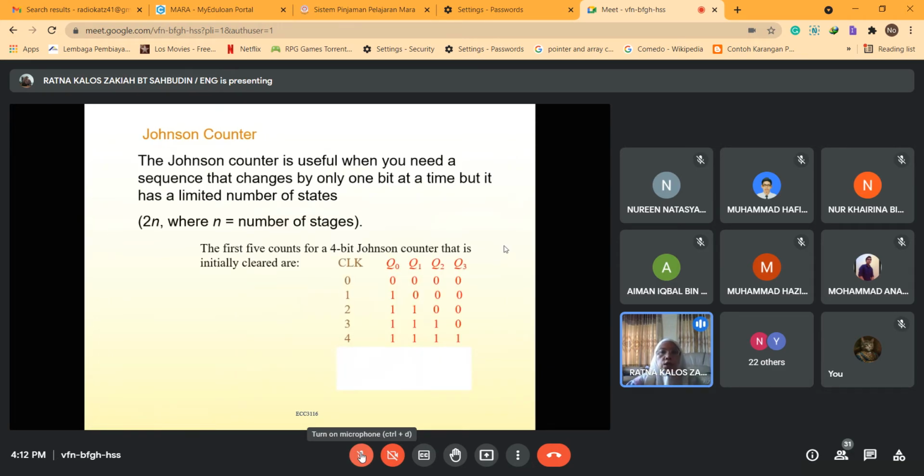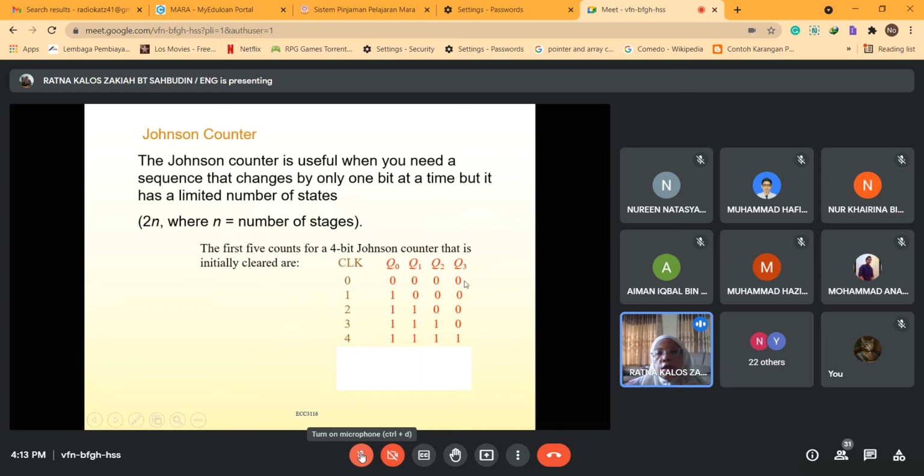Okay, the Johnson counter is useful when you need a sequence that changes by only one bit at a time, but it has a limited number of states. There are 2n states, where n is the number of stages. So the first 5 counts for a 4-bit Johnson counter that is initially cleared.